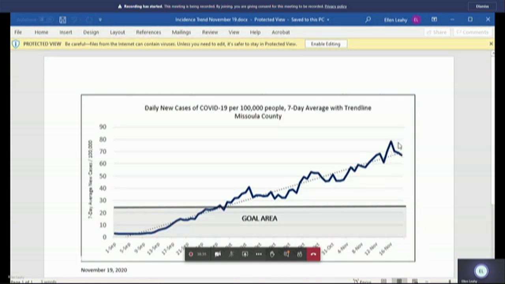It's just not worse, okay? So this, again, is relatively good, but we are well above what is the goal area and continue to be at risk of uncontrollable spread. Any questions on that? We will continue to produce and post this graph every day so that people can track from day to day.